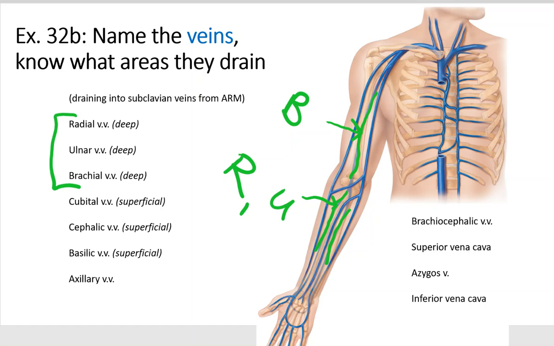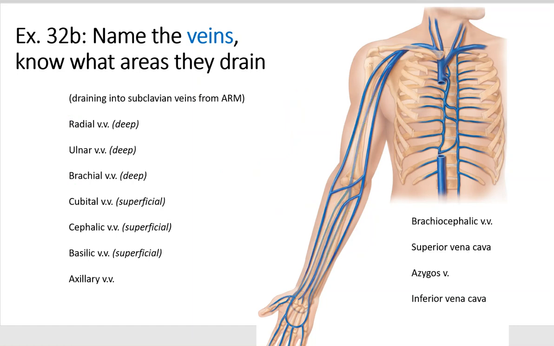Okay, then we have some superficial veins, where generally people who are taking your blood are taking them from the superficial veins. And so now we'll look at those. You have a cephalic vein that goes way up here into axillary, and it's on the lateral side of your arm. And then you have a basilic vein, which goes down the medial side of your arm.